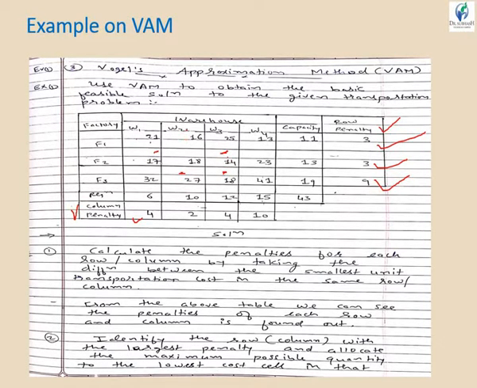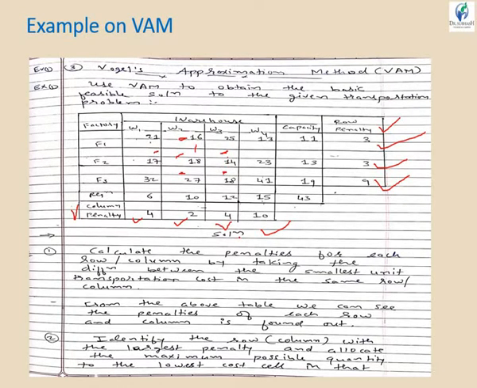Similarly for column W2, identify the cell with the lowest value, that is 16, and the second lowest value is 18. When you take the difference of 18 and 16, you will get 2. Same procedure for W3 and W4. So this is how you are calculating the penalties of rows and columns.